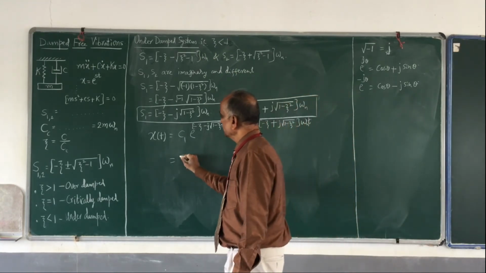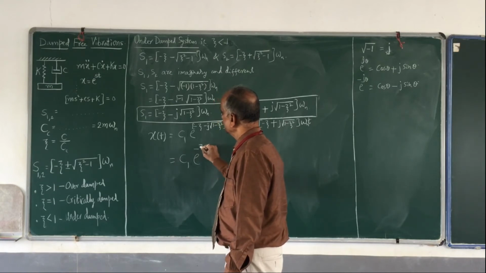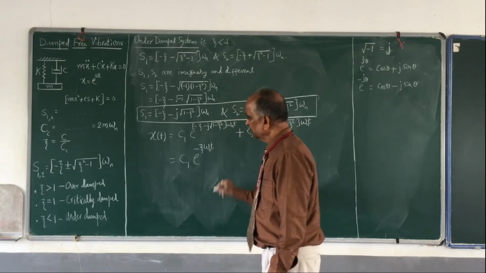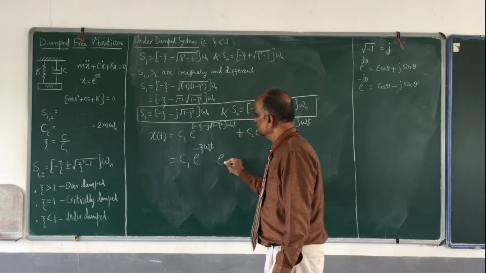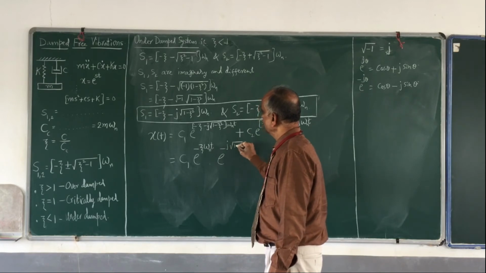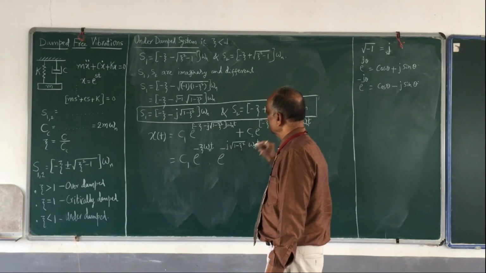This I can write it as C1 into e raised to minus theta into omega n into t into bracket e raised to minus j into root of 1 minus theta square into omega n into t.